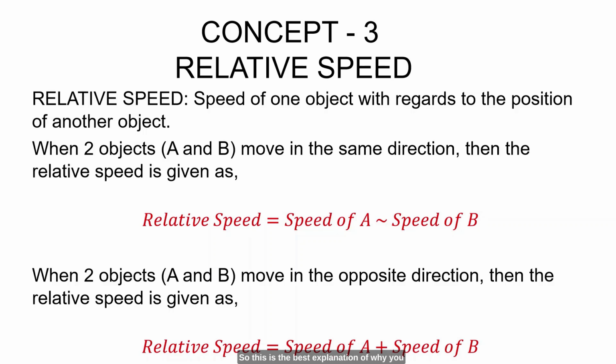So this is the best explanation of why you subtract the speeds to obtain relative speed when two objects are moving in the same direction, and why the relative speed becomes additive in nature when two objects move in the opposite direction. Let us solve some simple examples to understand how this works in reality.